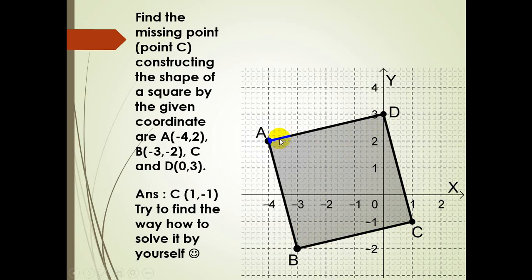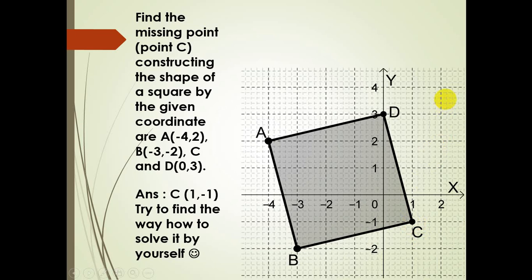Here we have 1, 2, 3, 4 and 1 upward. And here we do the same: 1, 2, 3, 4 units to the right and 1 unit upward. So according to that, now we can see that the point C is 1, -1. Is that easy for you?